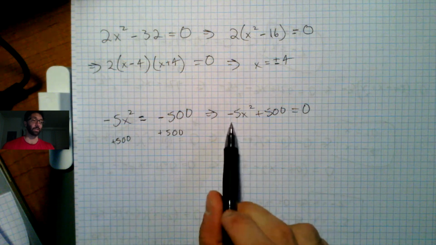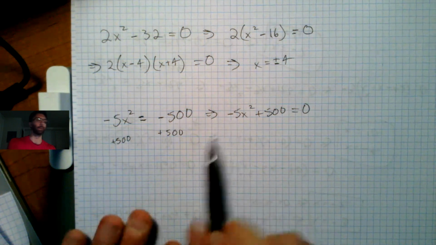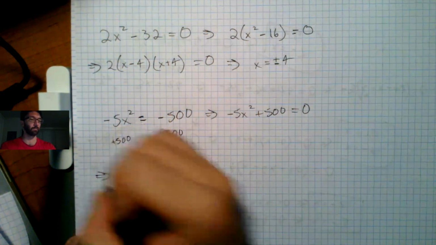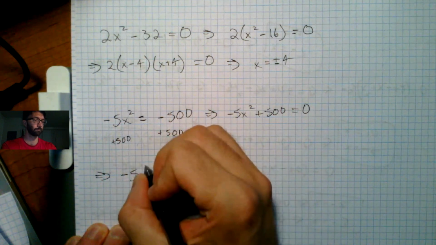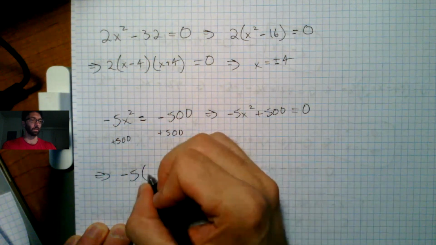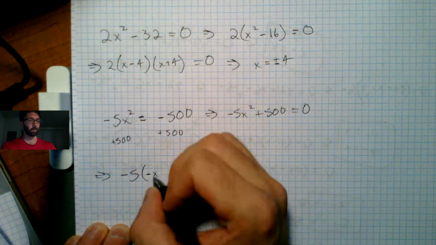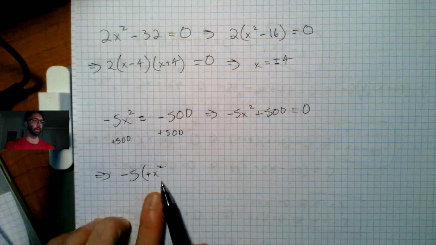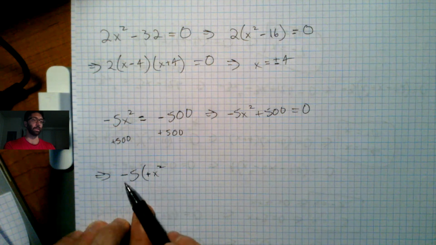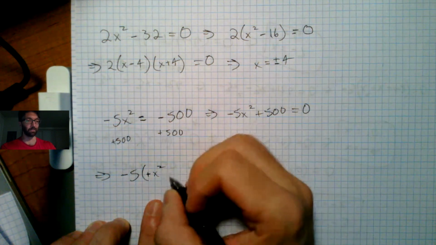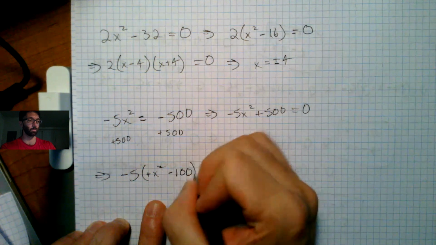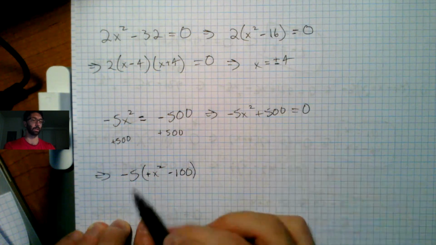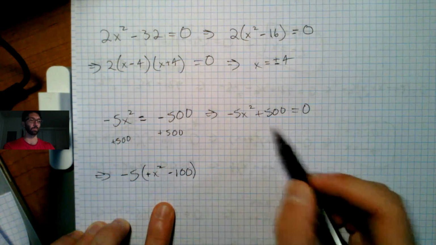And now I'm going to factor out, here the leading coefficient's -5, so I'll factor out a -5. And I'm left with, oh, sorry, that shouldn't be a negative sign. That should be x squared, and then -5 times -100 will give me the positive 500.